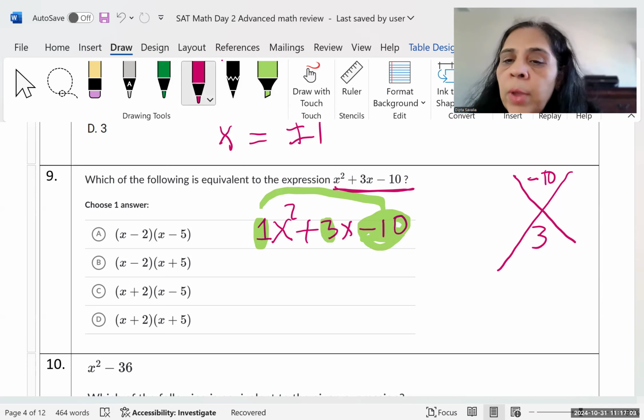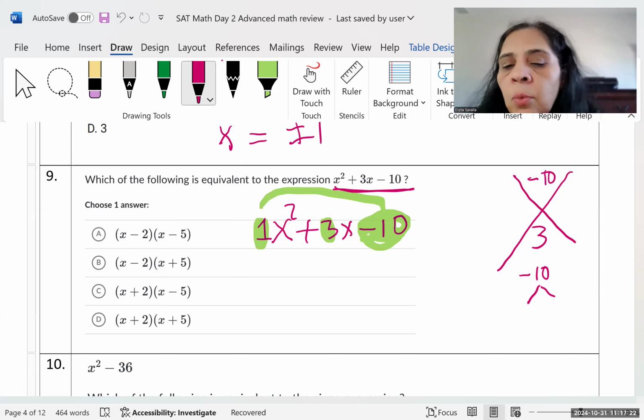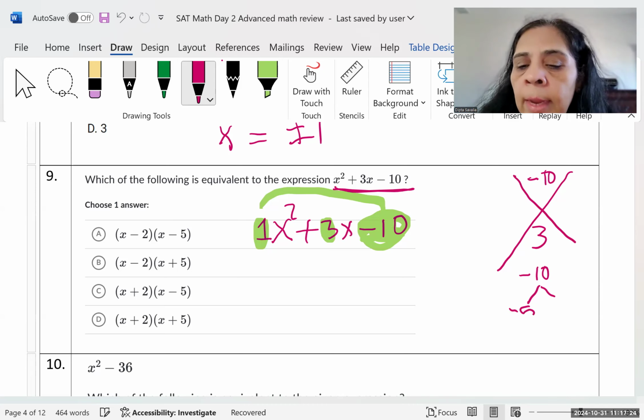Now we have to find factors of negative 10 whose sum is positive 3, right? We can start from 1. Negative 10 times 1 is negative 10. If you add them, you will get negative 9. So that will not work, so we can cross that out. Let's see what other two factors. Negative 5 times positive 2 is negative 10. But if you add them, you will get negative 3. We need positive 3, right?